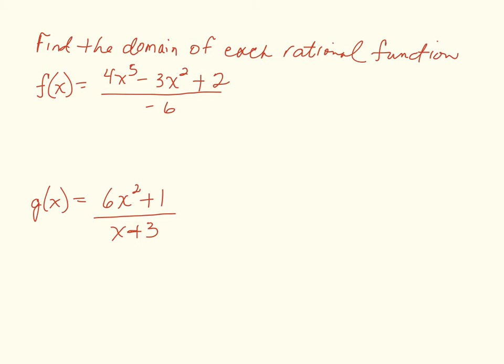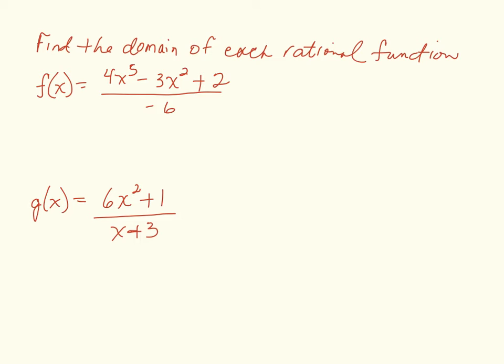Now let's find the domain of each rational function. Look at this first one, 4x to the 5th minus 3x squared plus 2 over negative 6. When you're looking for the domain, you're looking for every value that will cause this expression to be defined.